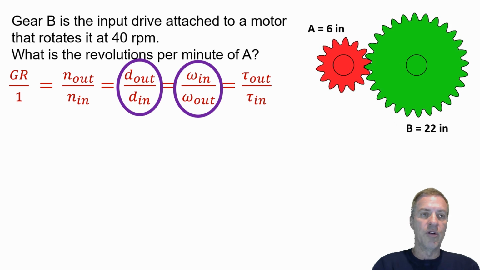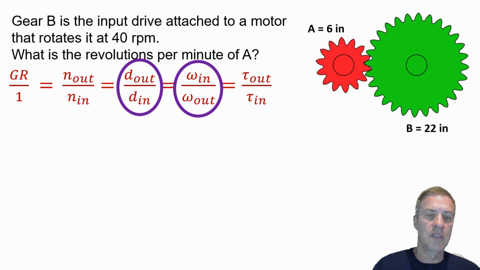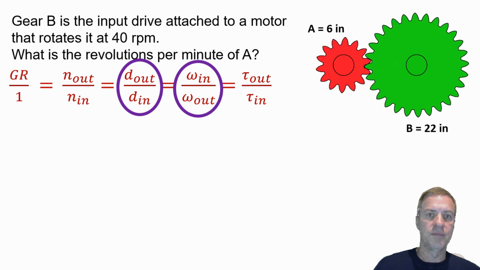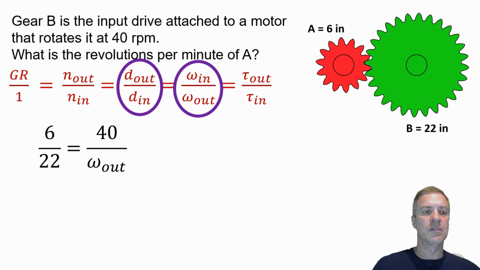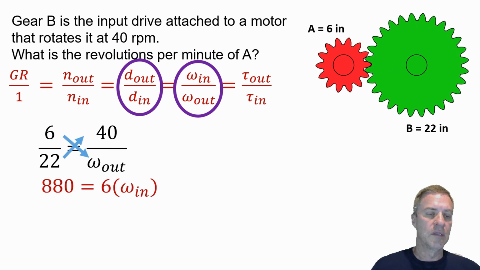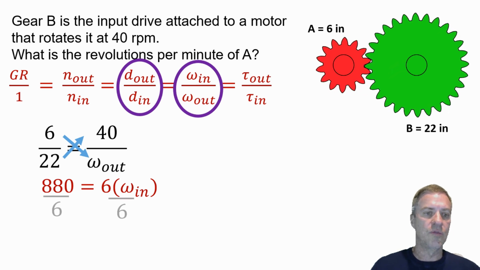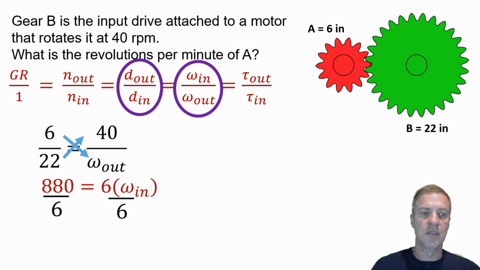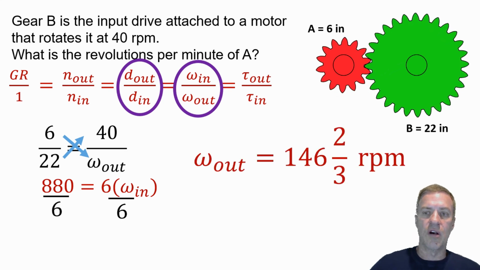Okay, so we've got the diameter in and diameter out, 6 inches and 22 inches, and we're looking for the RPM. So we set up our two fractions, we cross multiply. 22 times 40 is 880. We divide both sides by 6. And we get 146 2/3 RPM.